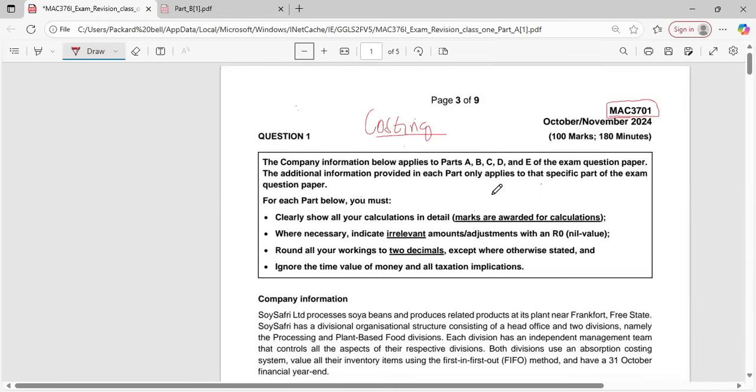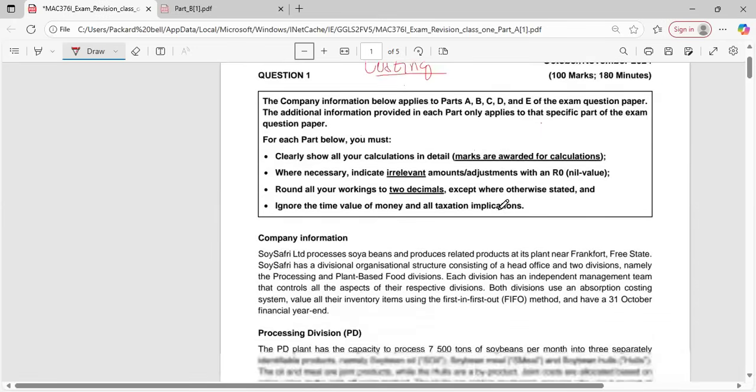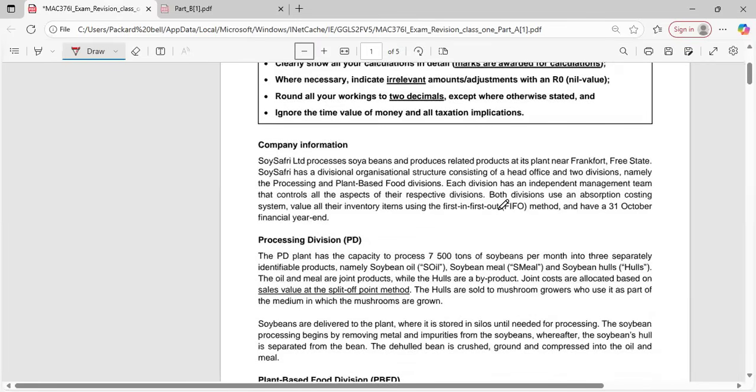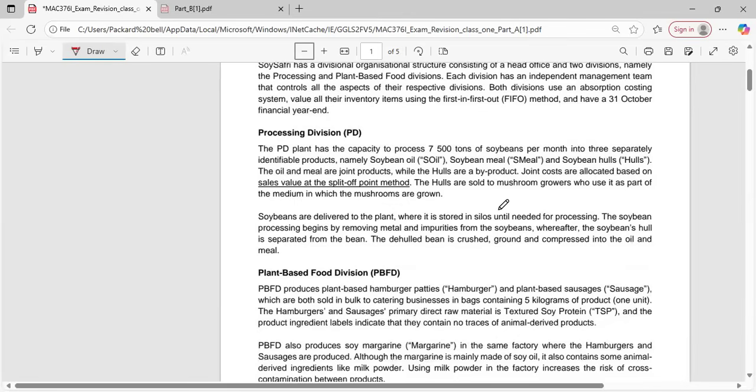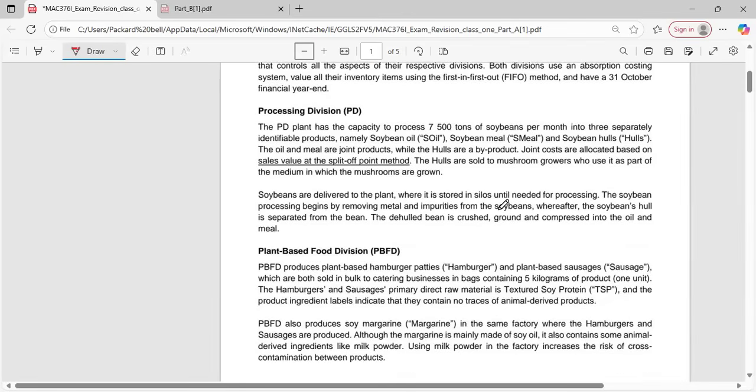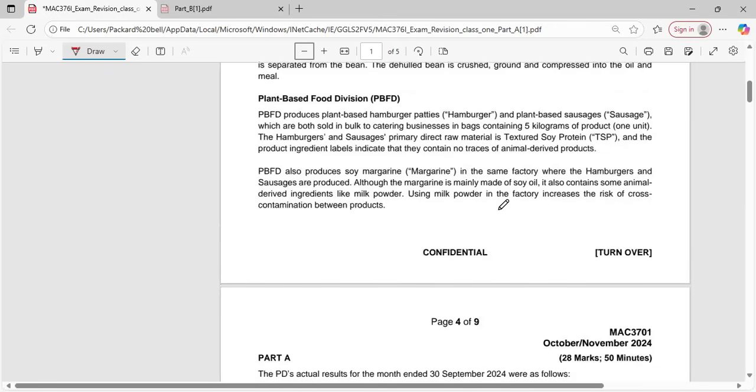So let's start with question 1, part A and B for today. Then you will see on Wednesday if we can finish the other parts.